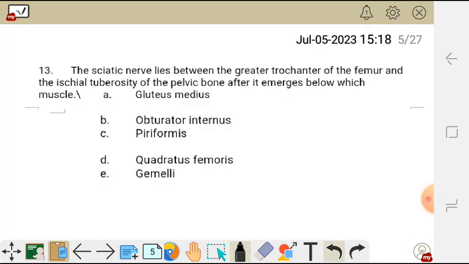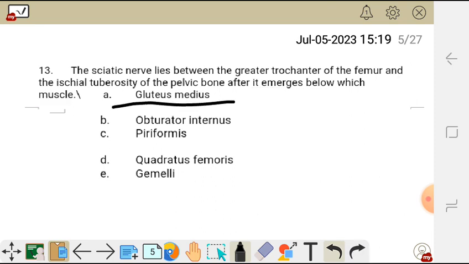So we move on to question 13. The sciatic nerve lies between the greater trochanter of the femur and the ischial tuberosity of the pelvic bone after it emerges below which muscle?